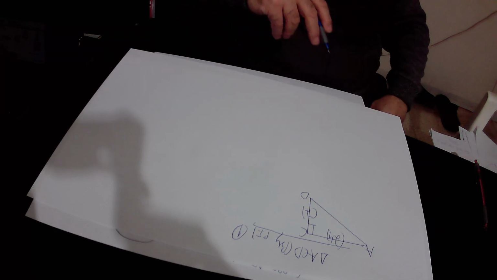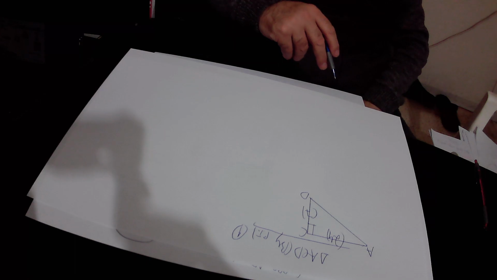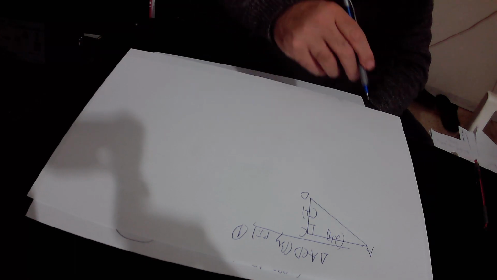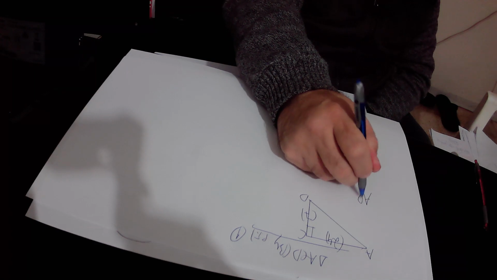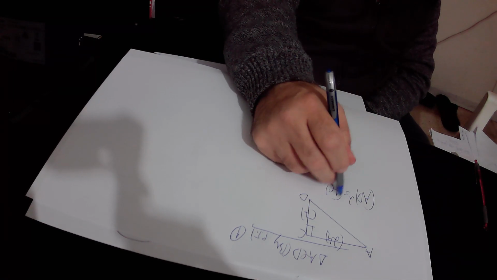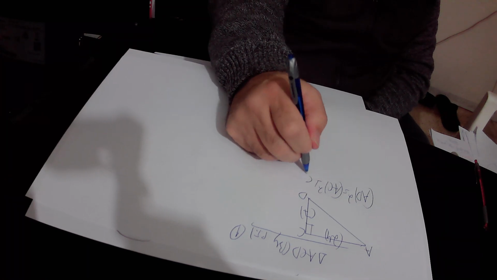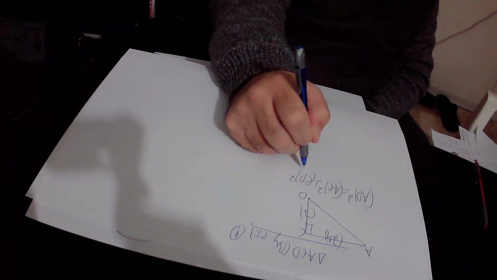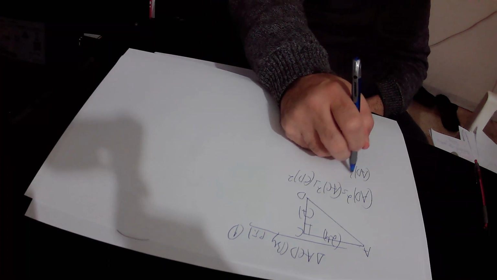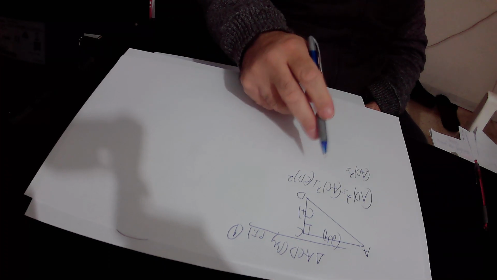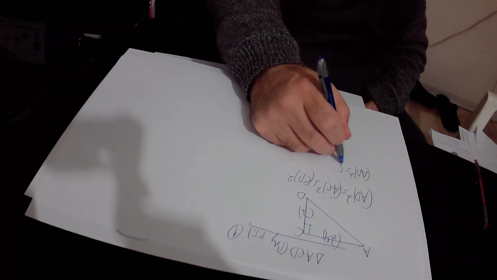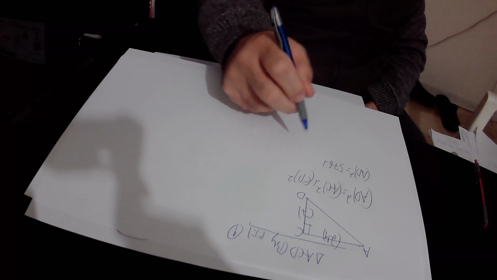Apply the Pythagoras theorem in this right triangle ACD. According to the Pythagoras theorem, AD square equals AC square plus CD square. AC is 24, therefore AC square is 24 squared, that is 576, plus CD square.